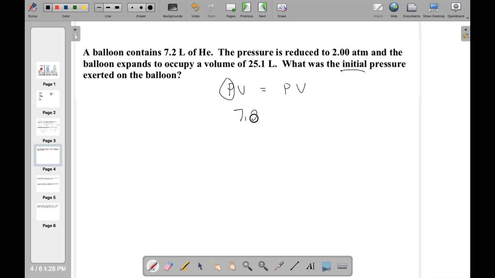So 7.2 liters, the pressure is reduced to 2 atmospheres. Here's the pressure, 2. And the balloon expands to occupy a volume of 25.1 liters.